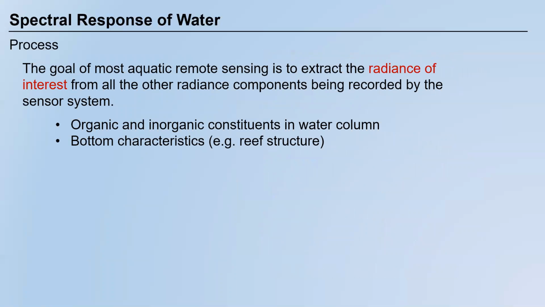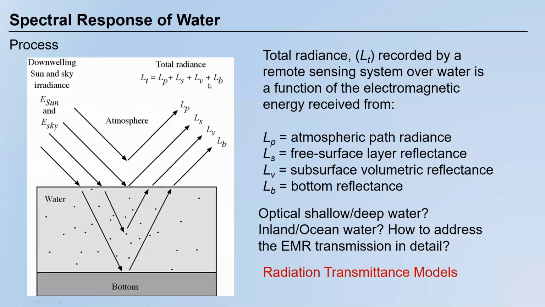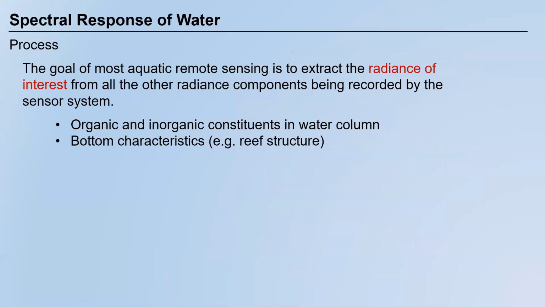Okay, the goal of most aquatic remote sensing is to extract the radiance of interest from all the other radiance components. Remember this equation here. Usually you are only interested in one or some of these components of this equation. You need to get rid of the rest.